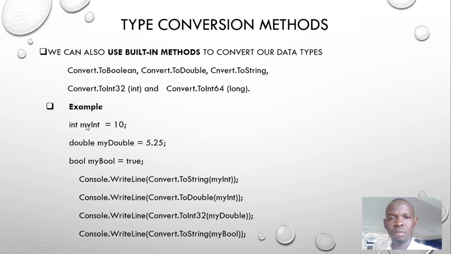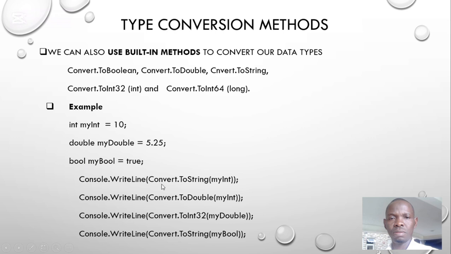For example, we assign a variable value to my int of type integer, and we assign the value 5.25 to my double, of type double, and we assign the value true to my bool, of variable type bool.